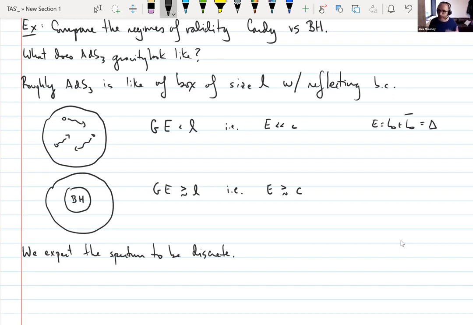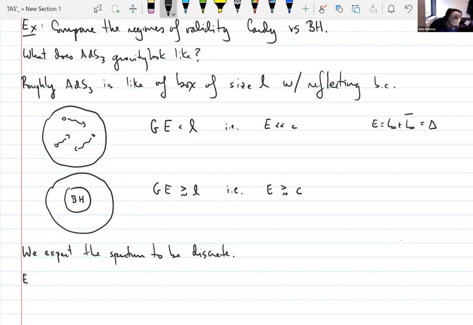So every black hole is unstable. And that is reflected in the fact that if you were to compute the entropy of a black hole in flat space, and from that compute a free energy or a specific heat, then you would find that the specific heat of such a black hole would be negative.